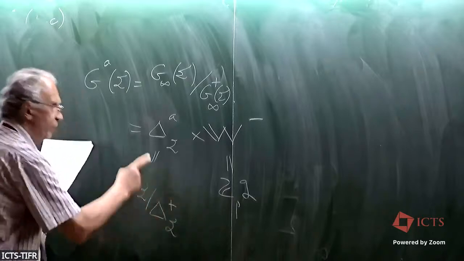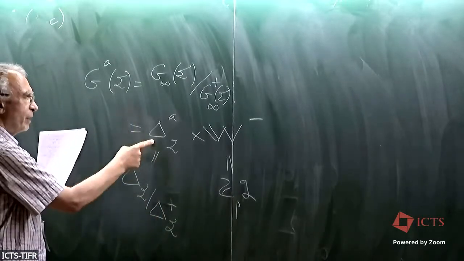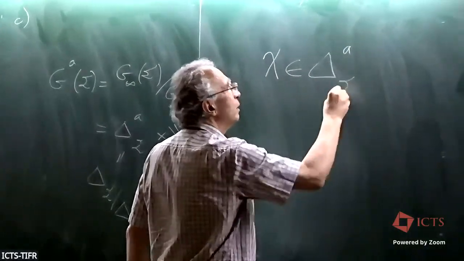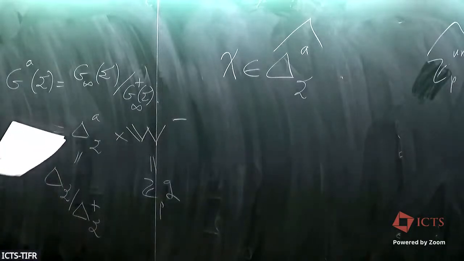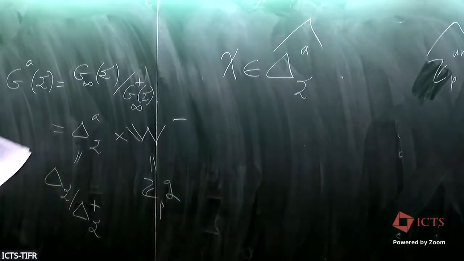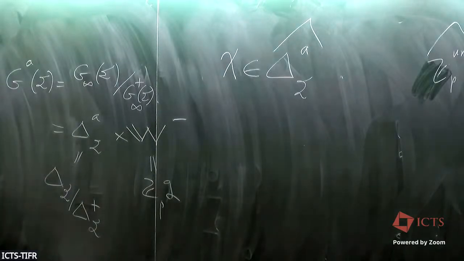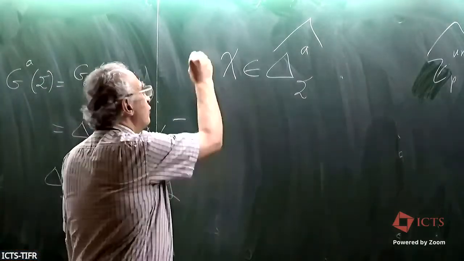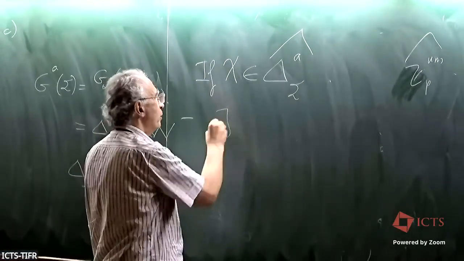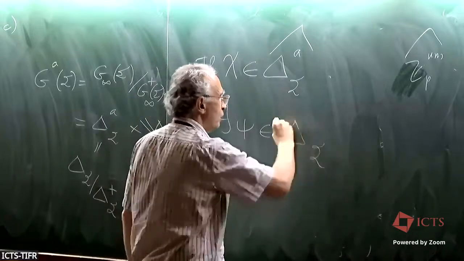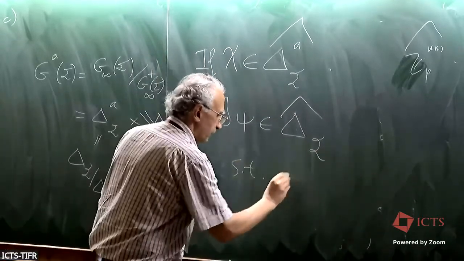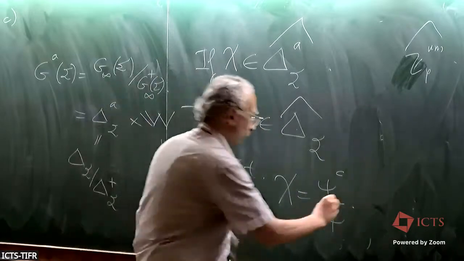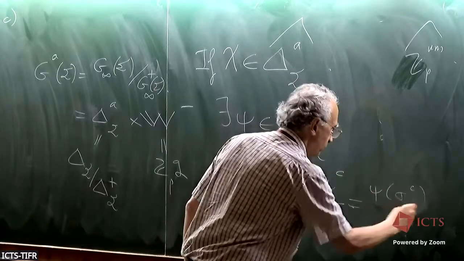So this is ZP to the G, and this is the quotient of delta C modulo delta C plus. It has, therefore, the property that the characters of this group, this is a finite group here. So if you have a character chi of this finite group, there exists a character psi of delta C such that chi is psi of sigma C divided by psi.